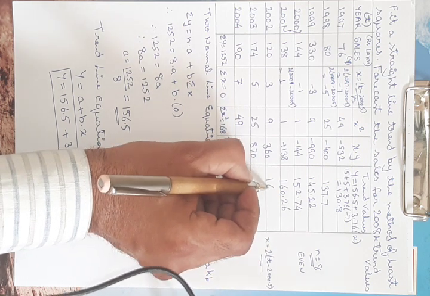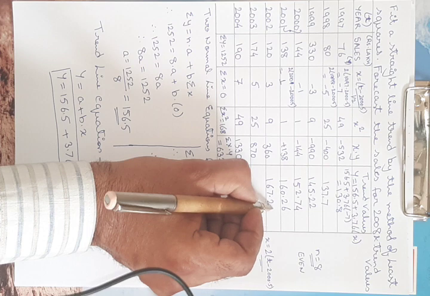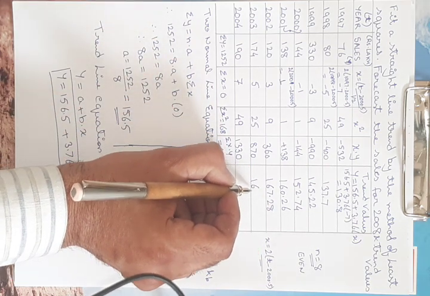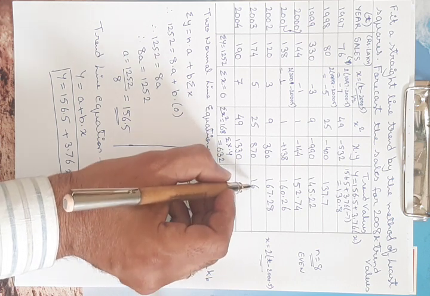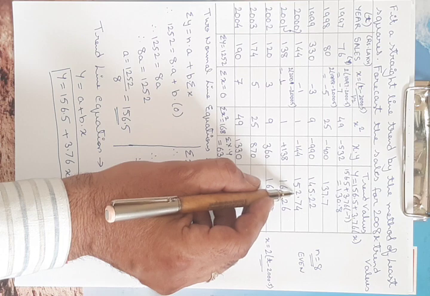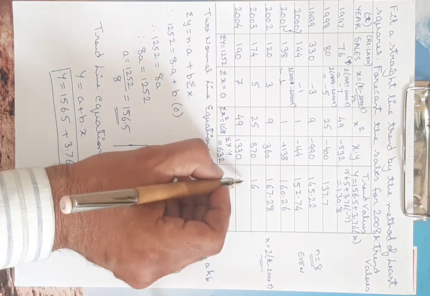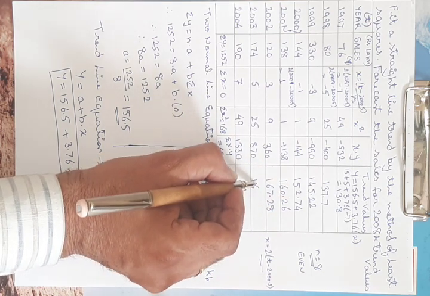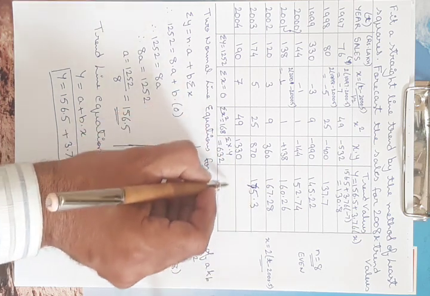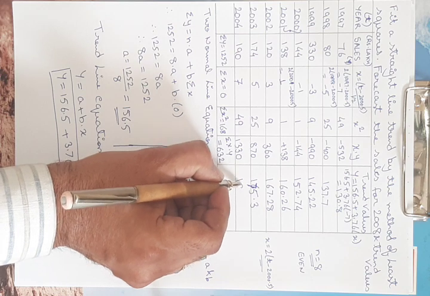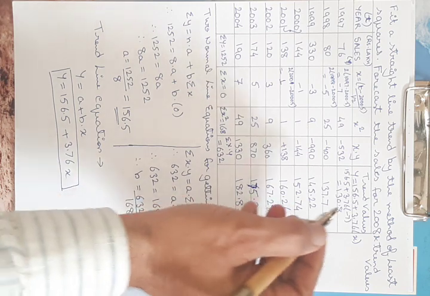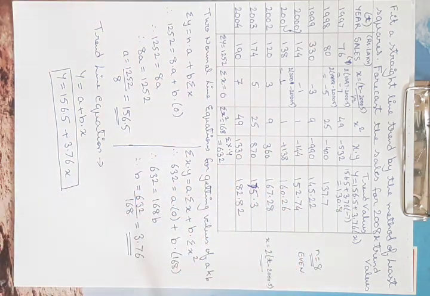Next value 167.28, next value 175.3, and the final value is 182.82. So these are the trend values.